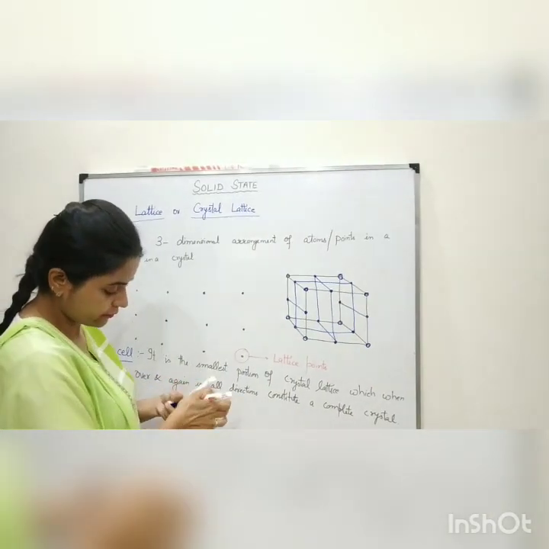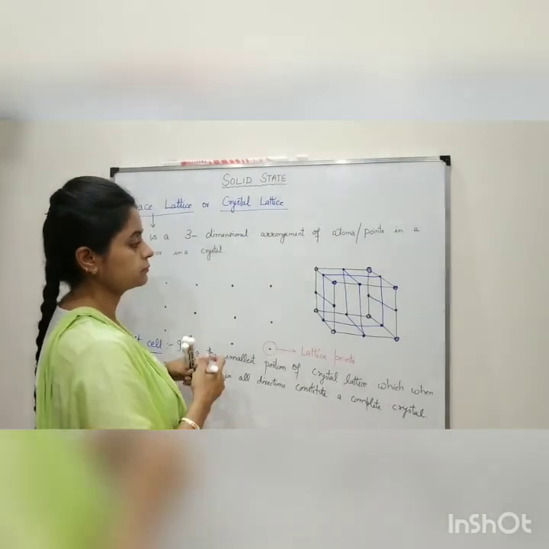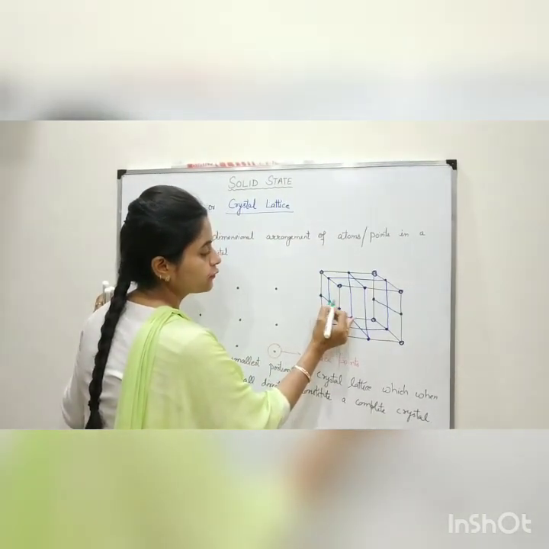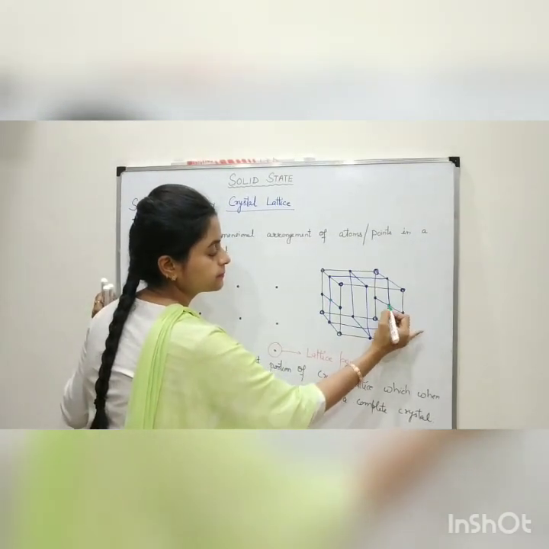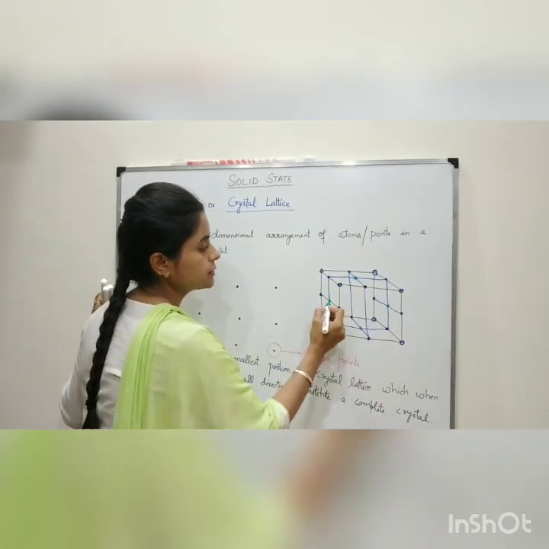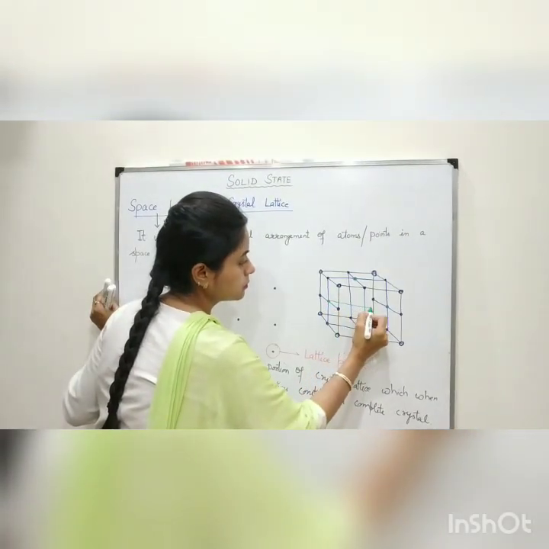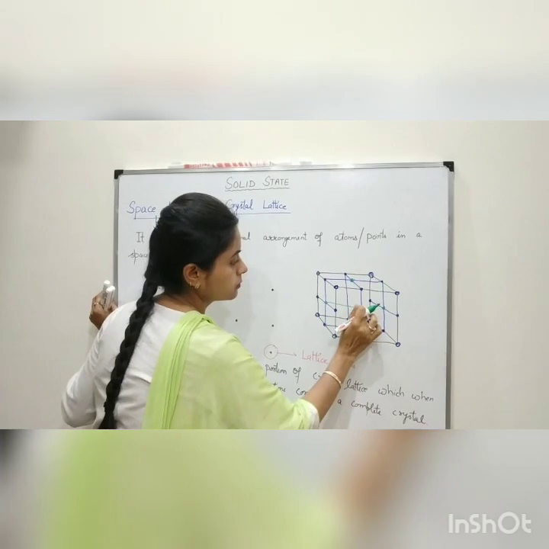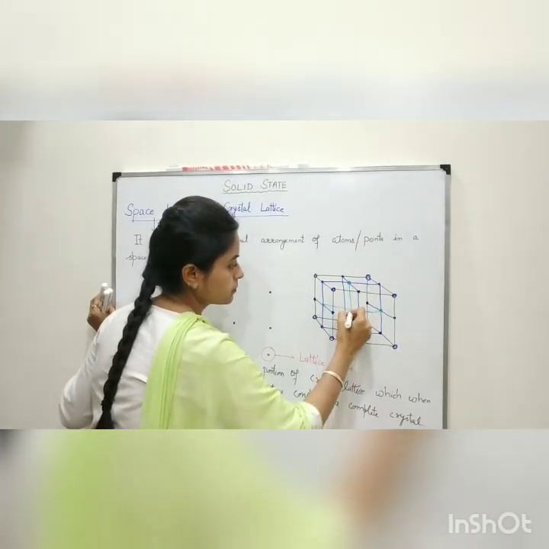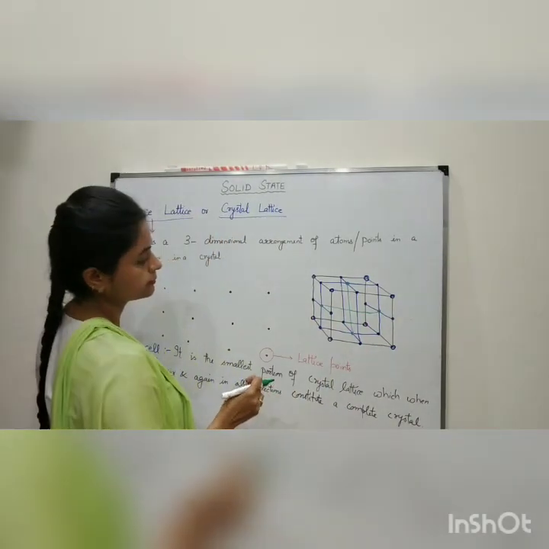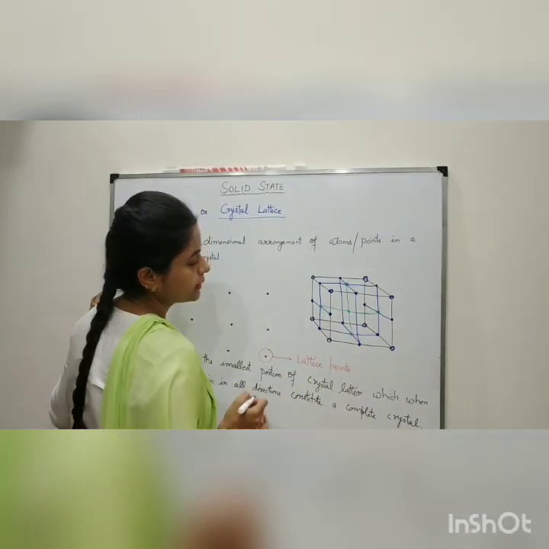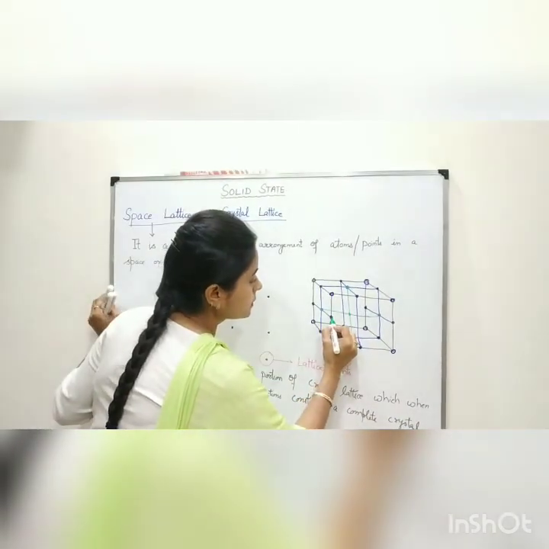Now again you have midpoints like the intersecting point of these lines. Join these also. Now you get here the intersecting point and these lines.